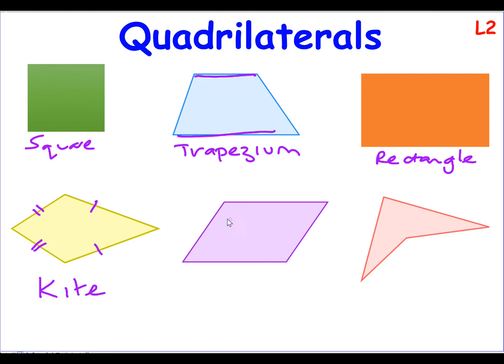A rectangle pushed on its side is called a parallelogram. And if it's a square pushed on its side and it looks similar to this, then it's called a rhombus.